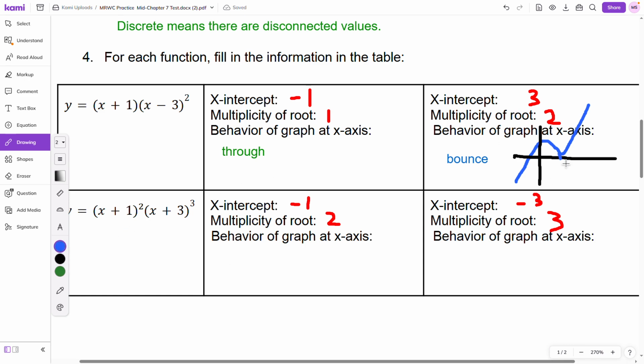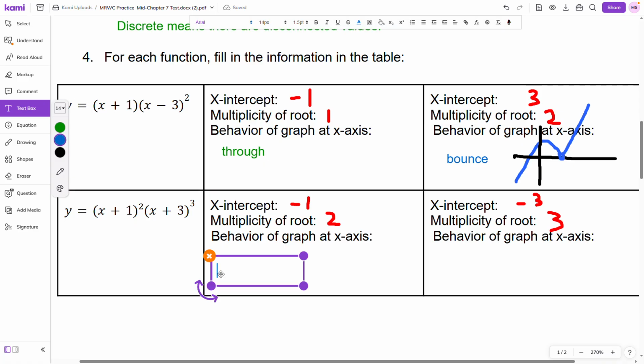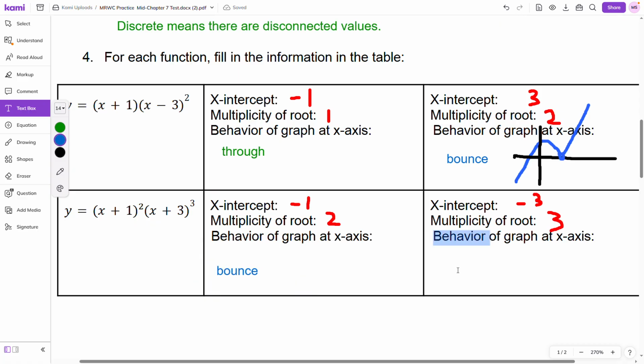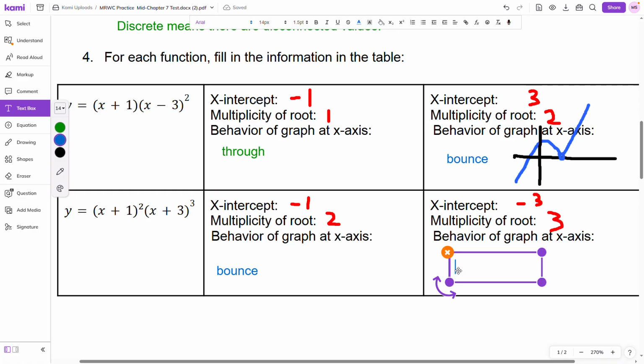You could be more specific. You could say, oh, it bounces from positive to positive. It bounces up, but that's really all they want. It's very simple. Same thing with this one here. This is a bounce, and this one, I like to call this a hitch. I'm sure there's other ways to describe it, but that's what I have.